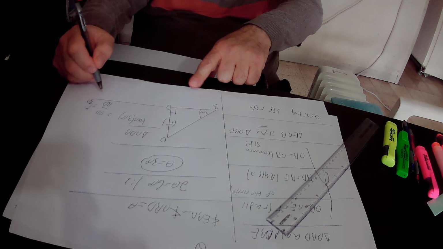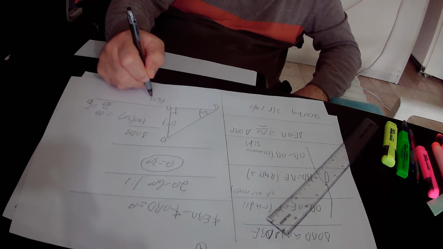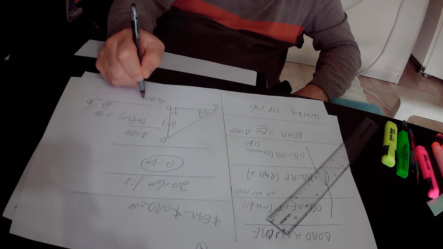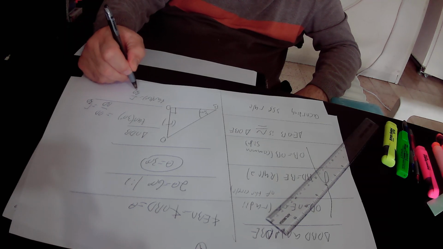So we found out that tangent 30 degrees equals R over BD.